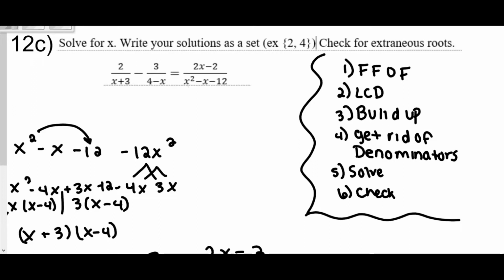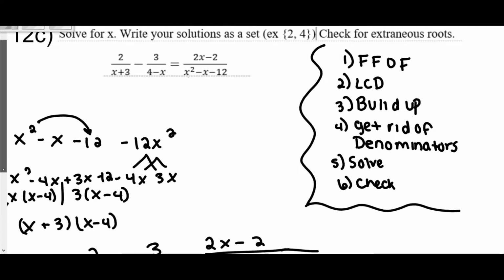12C, solve for x, write your solutions as a set, check for extraneous roots. So now we're solving a rational equation, and our goal here is to find a common denominator so that we could get all the fractions over the same thing, and then we can throw out our denominator and make it a little easier to solve.